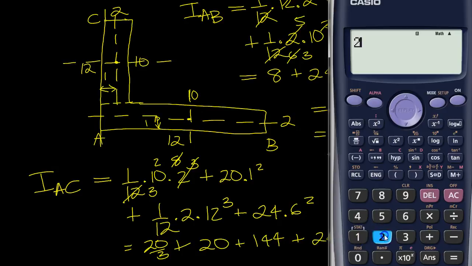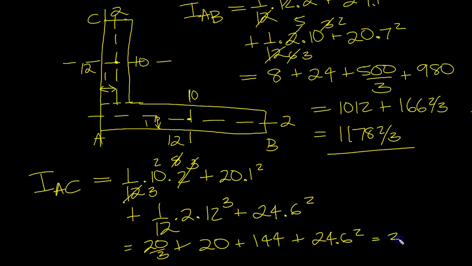Okay, so we got 20 over 3 plus 20 plus 144 plus 24 times 36, wasn't it? 1034. I get 3104 over 3.